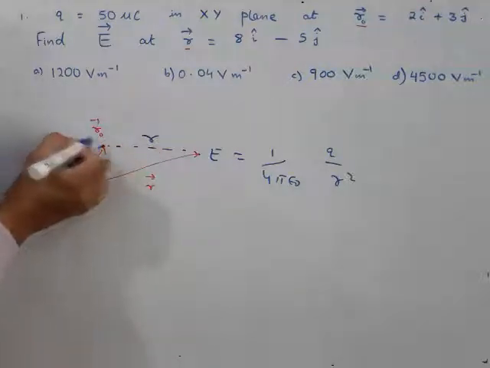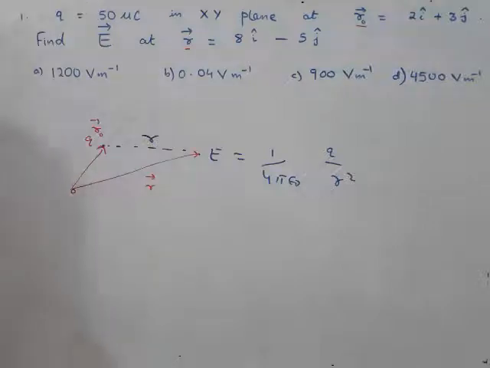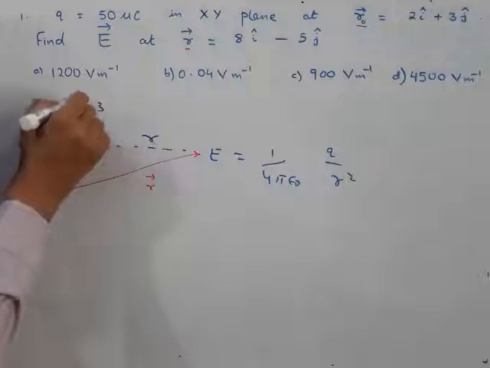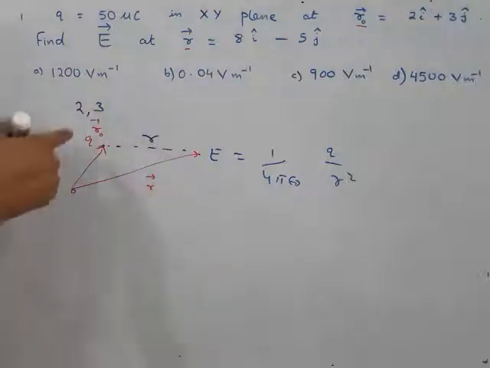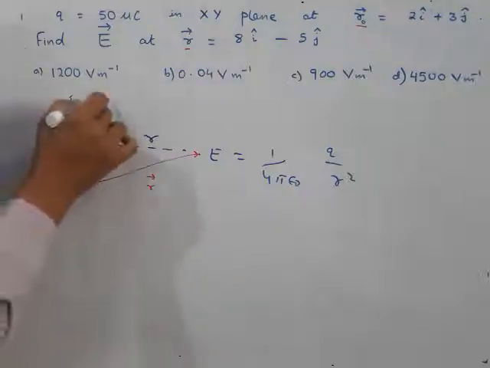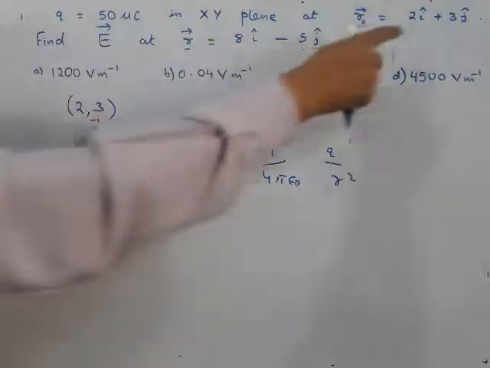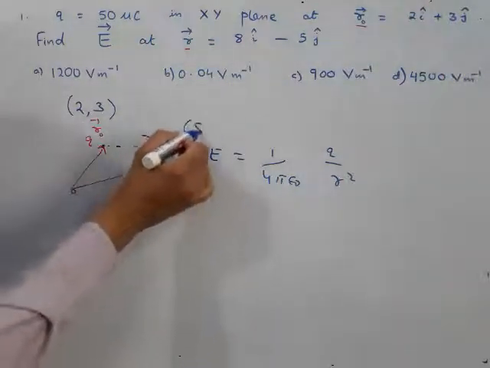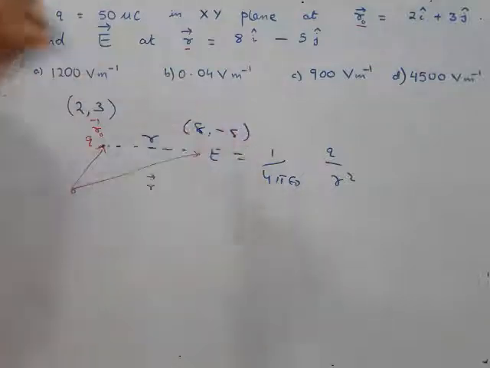For this point the x, y, z coordinates are 2, then 3 and 0 because it is in the xy plane. The x component is 2, y component is 3. Likewise for this point the components are 8, minus 5. Now you know the distance formula, students.